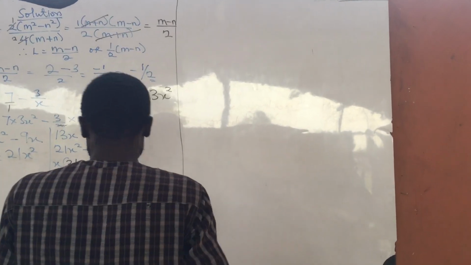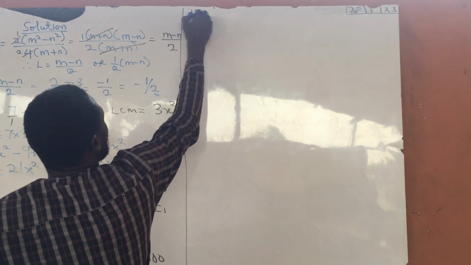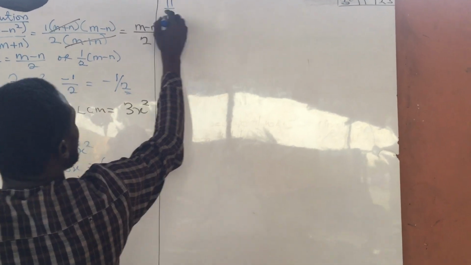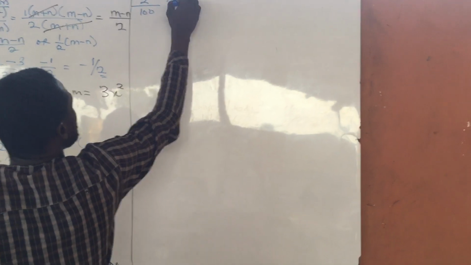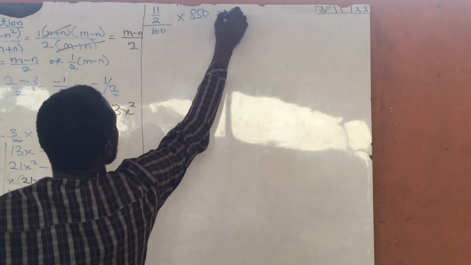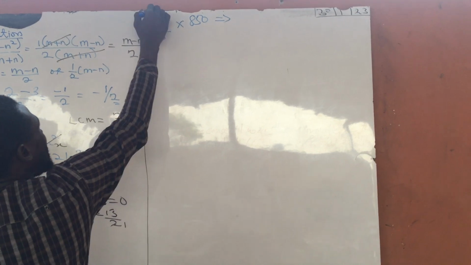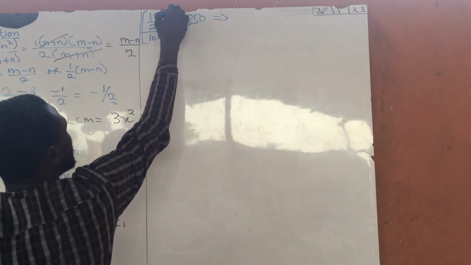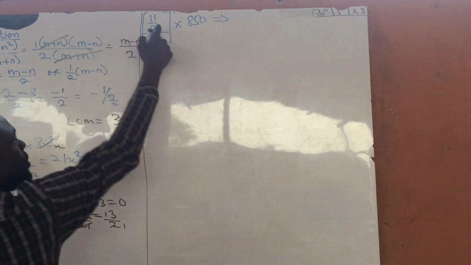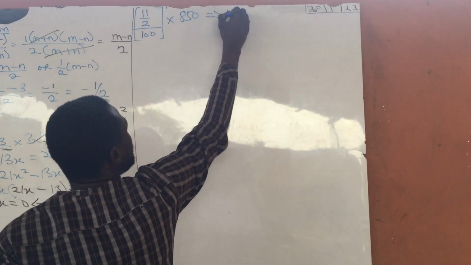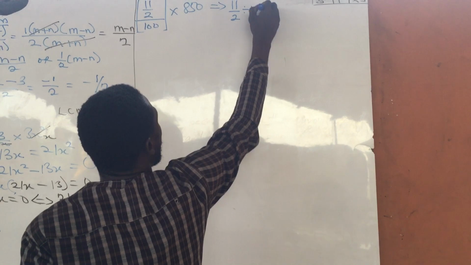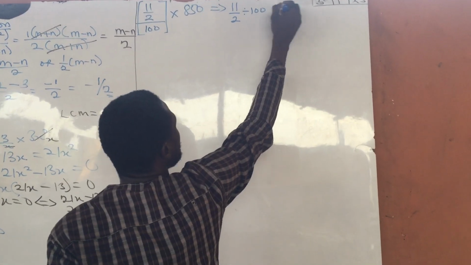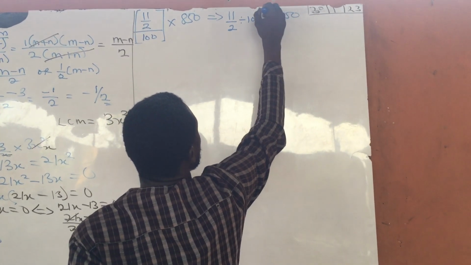So let's write 11/2%, which is the same as over 100, times 850. Now if you take this on its own, this can be written as 11/2 divided by 100 times 850.